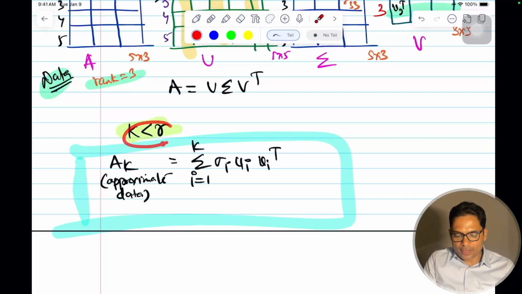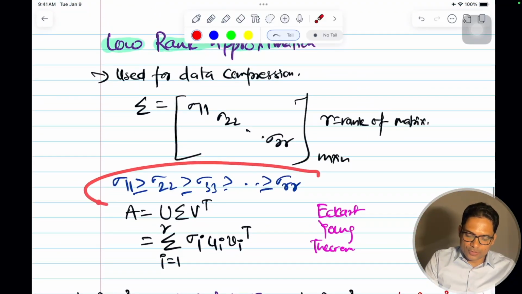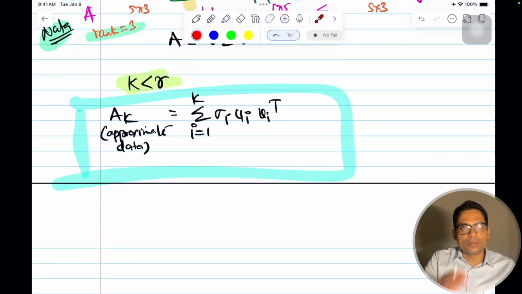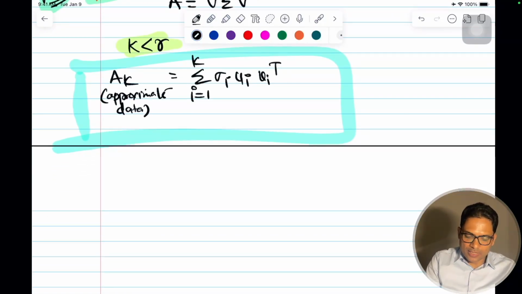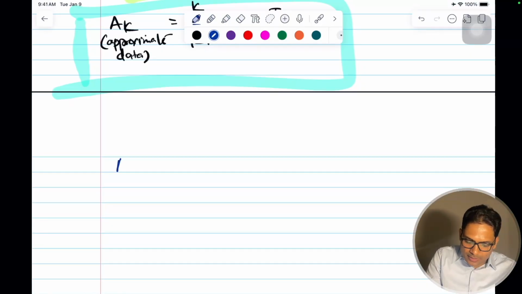Instead of sending all the R ranks, I can just send the top K ranks, which capture the majority of information, and because the singular values are arranged in descending order, I will get all the required information, and that will be a very good approximation of my data. Now A_K is a reduced dimension, not having the complete dimension. From the dimensionality perspective, A_K is equal to U sigma V transpose.